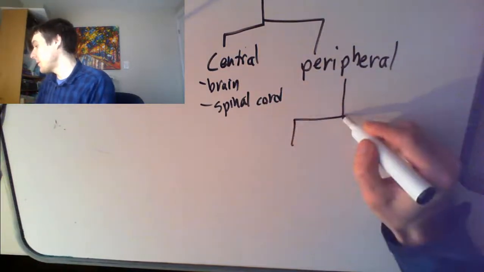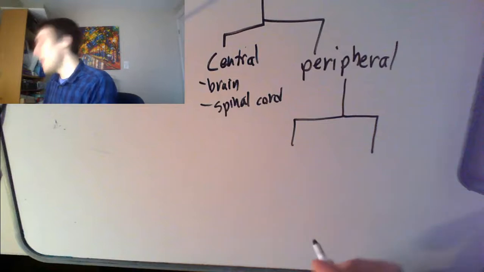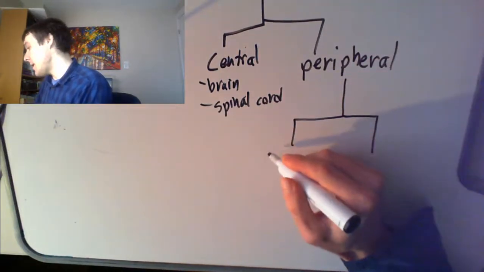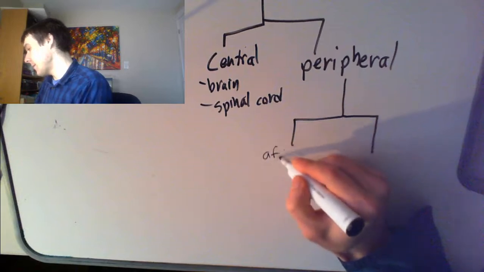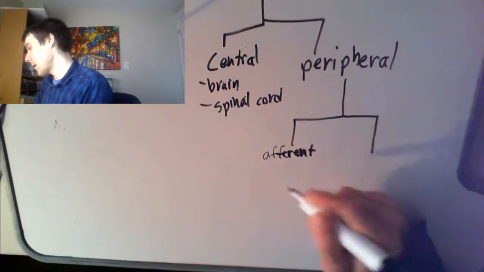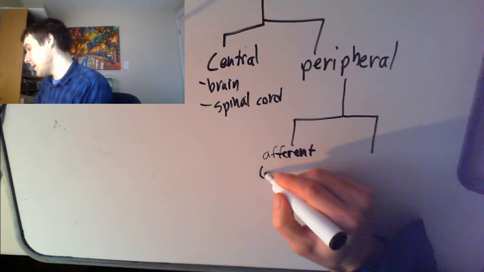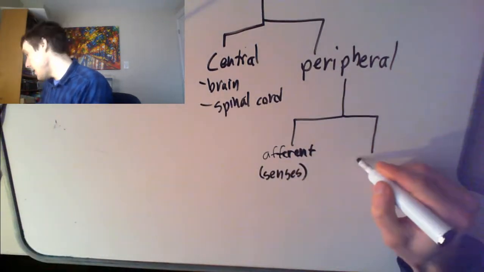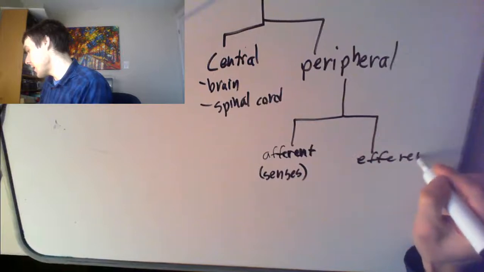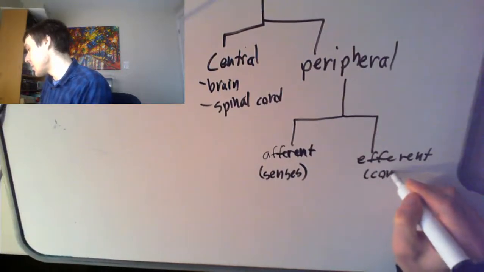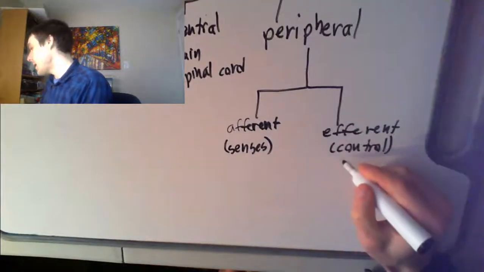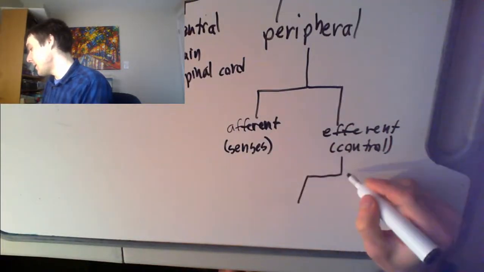The peripheral can be further subdivided into two things: the afferent, which is the senses, and the efferent, which is the control.